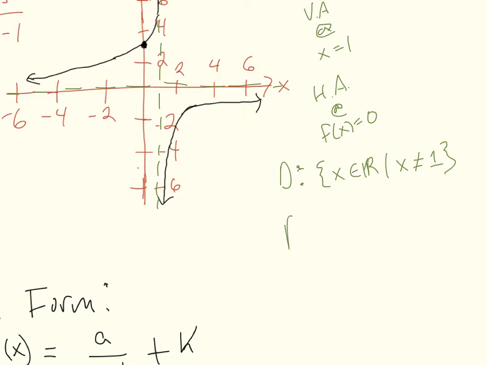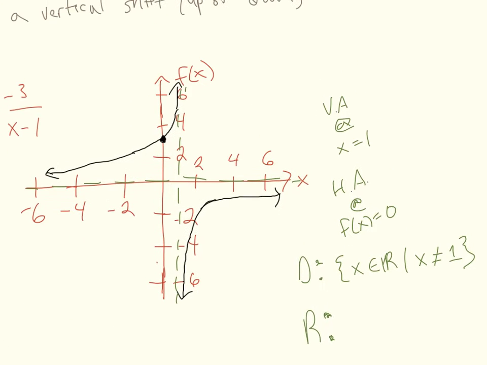Okay, now our range is going to be all of our y values, or our f of x values, going up and down. And here, if you follow the graph, you can see it's going to go to positive infinity, going up this way, and it's also going to go down to negative infinity, going this way. The only place where we don't get a y value is on this horizontal asymptote at f of x equals 0.